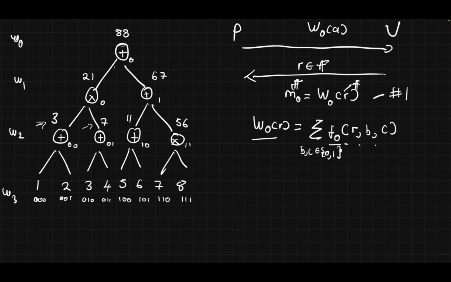Now, what the verifier is trying to do is generate a random challenge to be evaluated at that W0, which will give a corresponding output. At the end of the day, the verifier will continue generating random challenges for each of the layers or each of the gates.